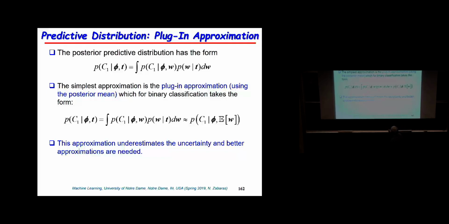If I train the model with some data T, here I have to tell you, you may want to take notes, I don't show you the inputs corresponding to these training labels T, because the notation would then be awkward, since I want to make predictions for a new input phi, which is also a vector. I don't know what to put there. Do you put another vector phi for the training data? You don't really do that. What you do is keep the labels T to remind you that you have training data, but this phi that you see there is for a test input. You want to know the probability of sigma 1.